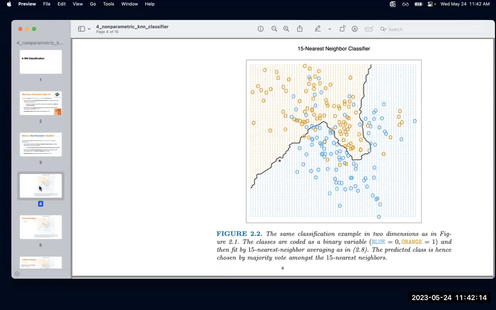As you can tell already, this darker line that you see here is definitely not a linear shape. This is the decision boundary that is being determined by this 15 nearest neighbor classifier. And you can tell right away that this is obviously a non-linear decision boundary.